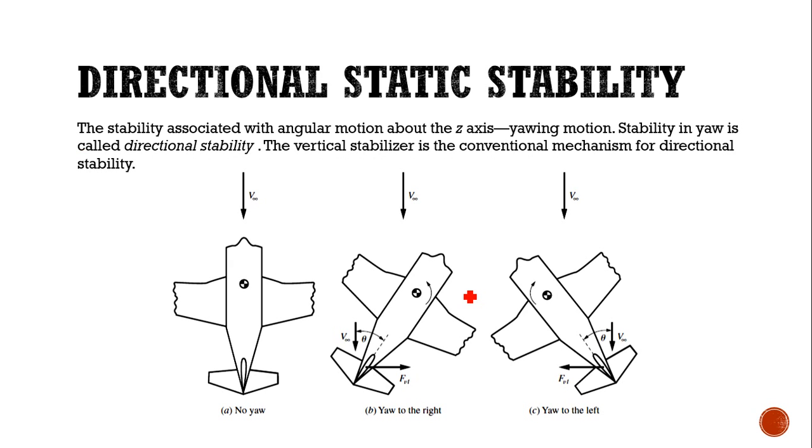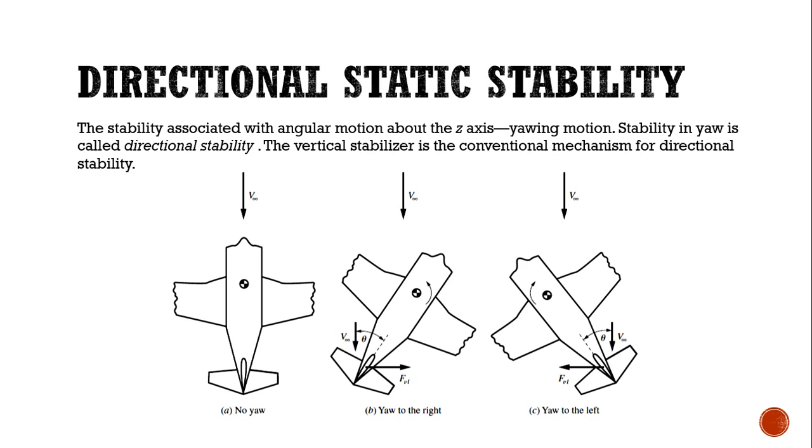So next thing is the directional stability. We are not going deep into directional stability and lateral stability now. That we will see later. Now we can see what is directional stability. Longitudinal stability is about the lateral axis, lateral stability is about the longitudinal axis, and directional stability is about the normal axis.